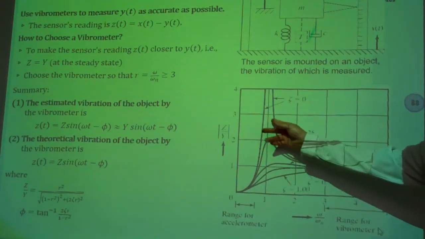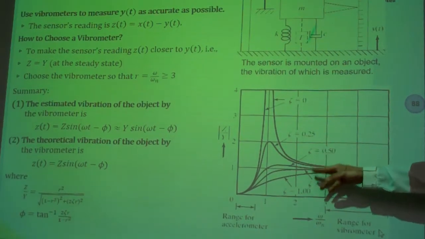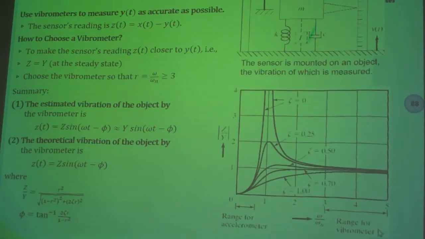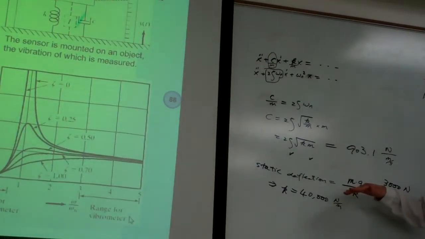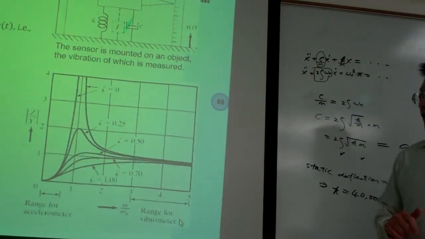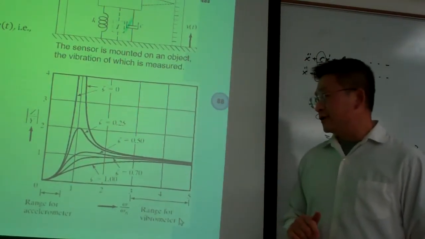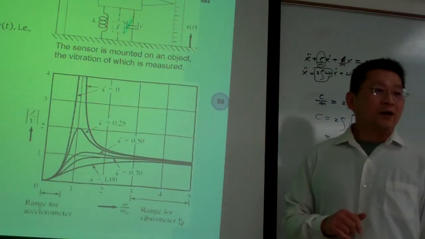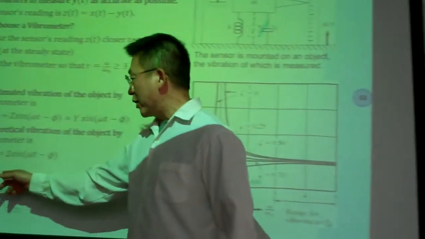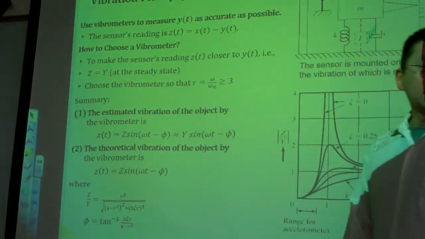The curve really doesn't matter the damping ratio and the value of R, the whole curve converges to the value of 1 here, right? Good? So if you are an engineer, how are you going to pick a good vibrometer such that it gives a very good approximation of this number equal to 1?